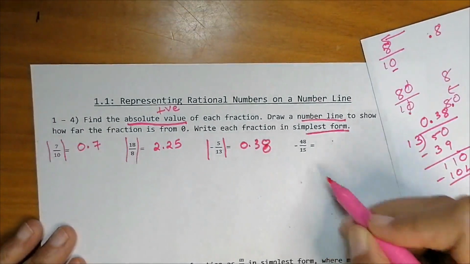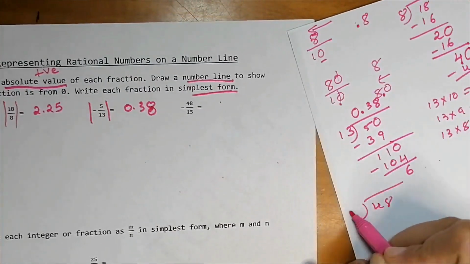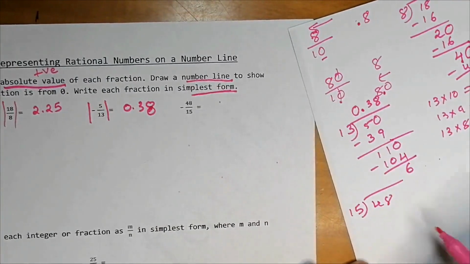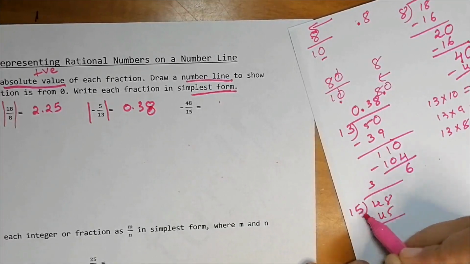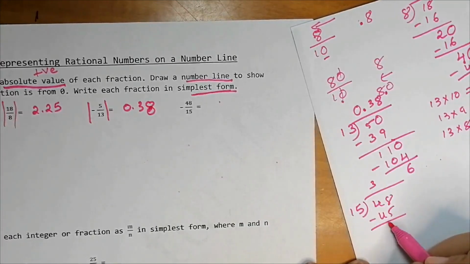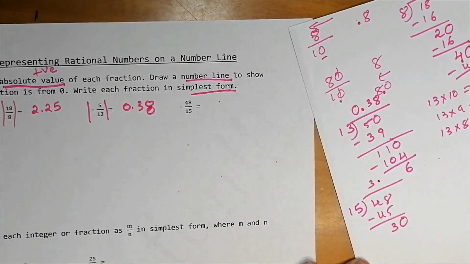Then the next number is 48 divided by 15, right? So 3 times 15 is 45. Remainder is 3. You put 0 and a decimal point here.